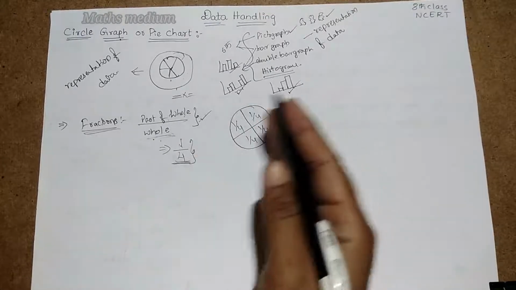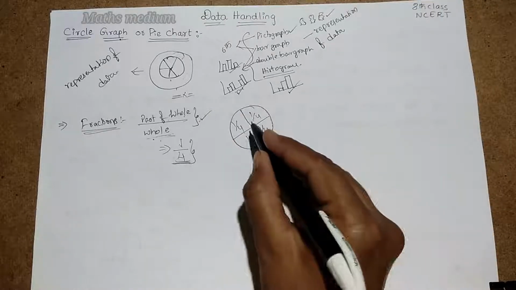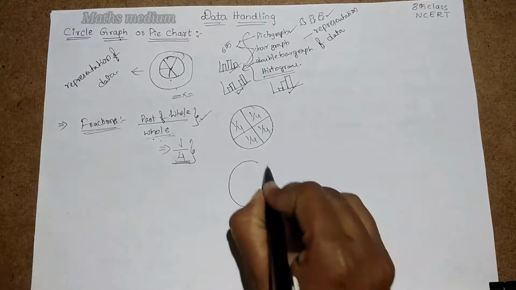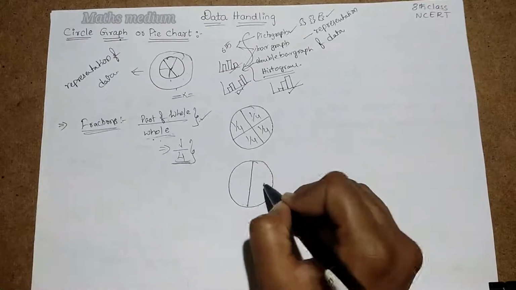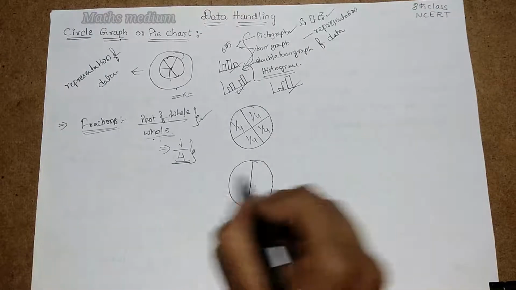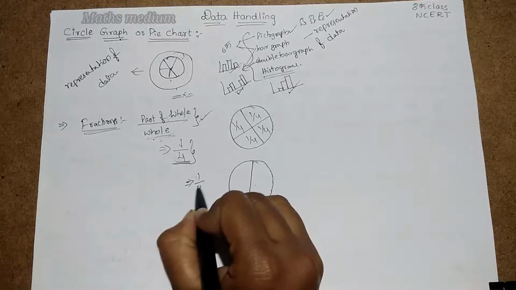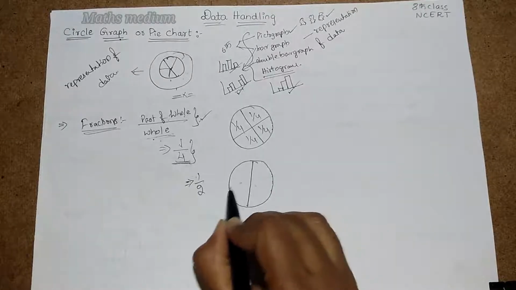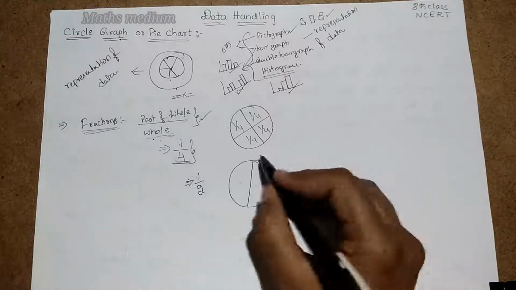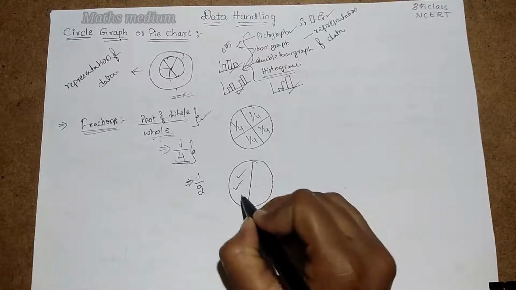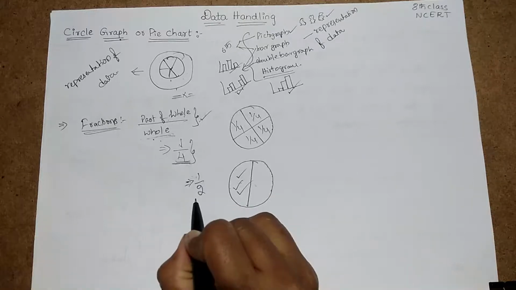Similarly, in a pie chart, we can easily tell that is 1/4. For example, if you take another pie chart, I am going to cut this into 2 parts. How do we represent it? 1/2, because the whole is 2 and 1 is separated from this, so 1/2, right?